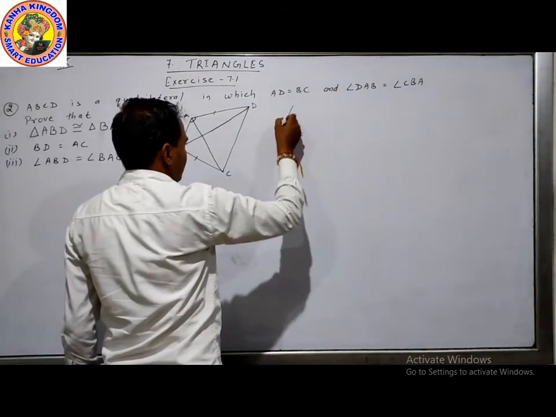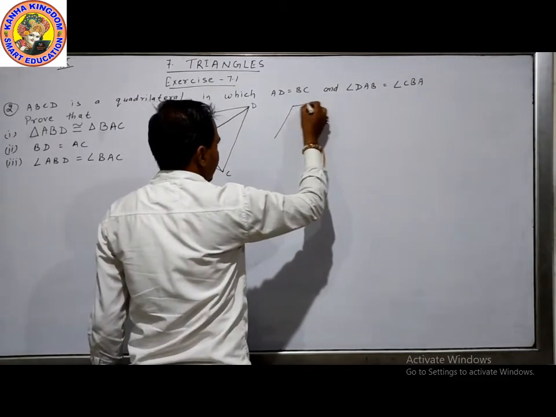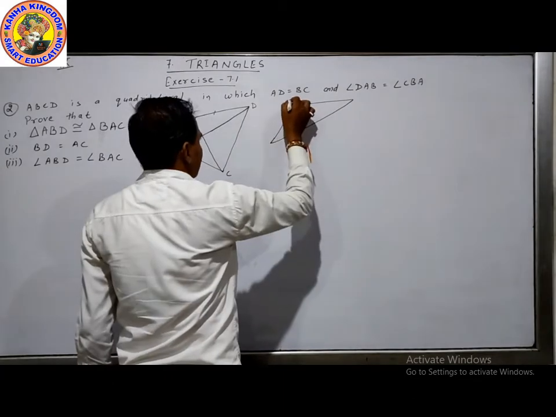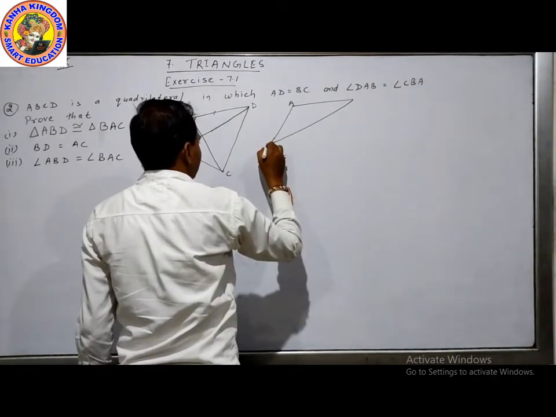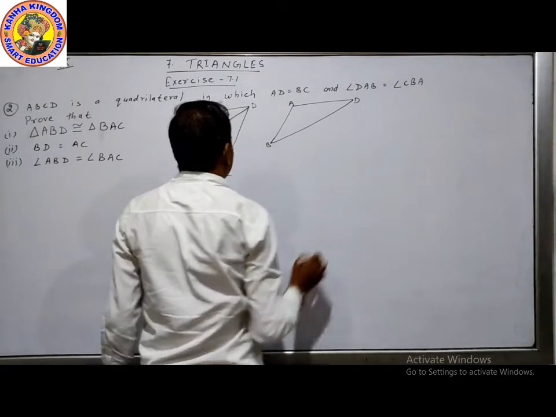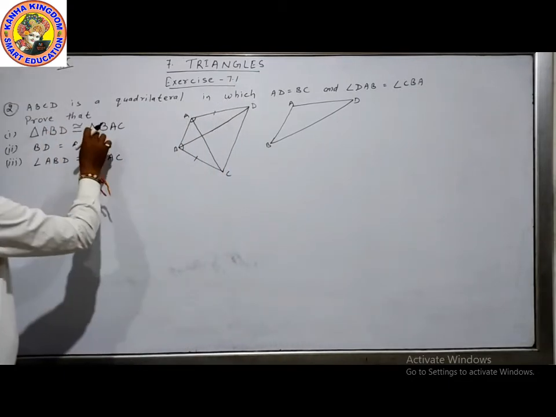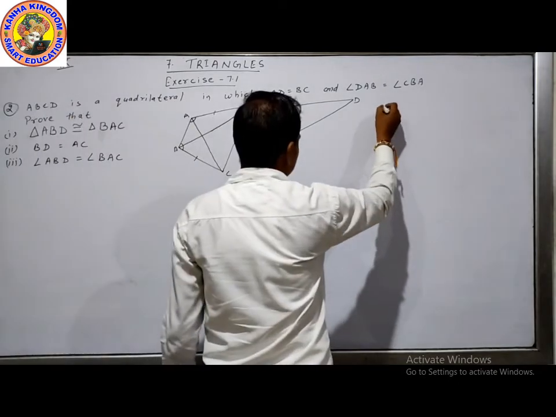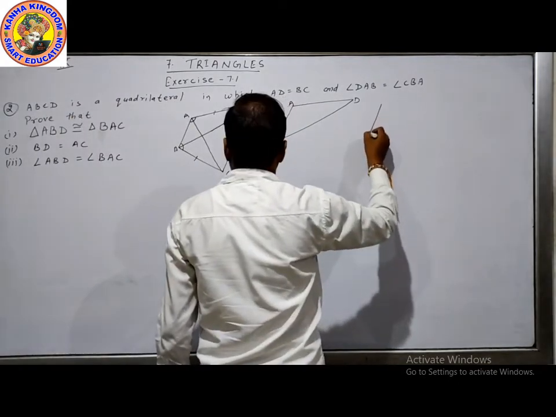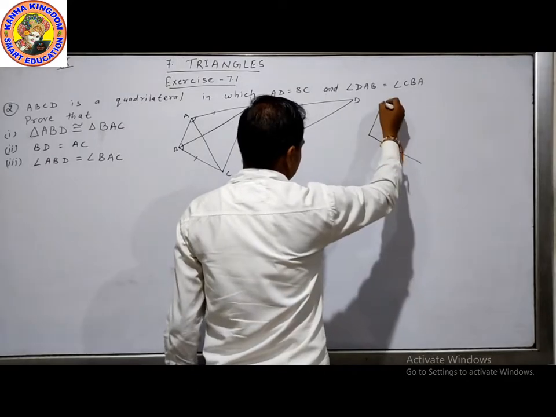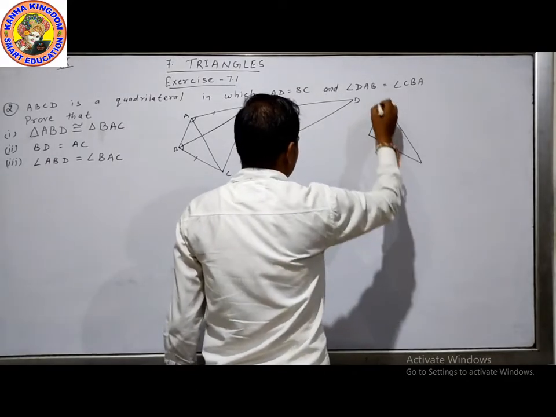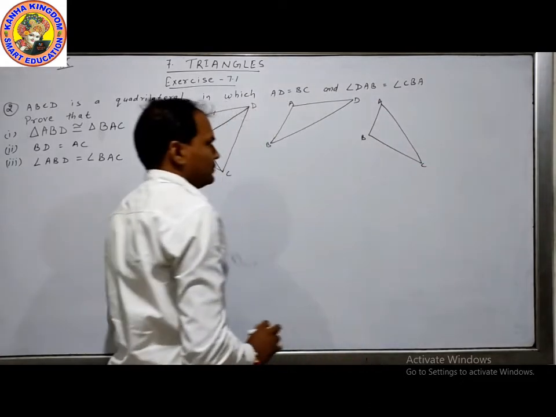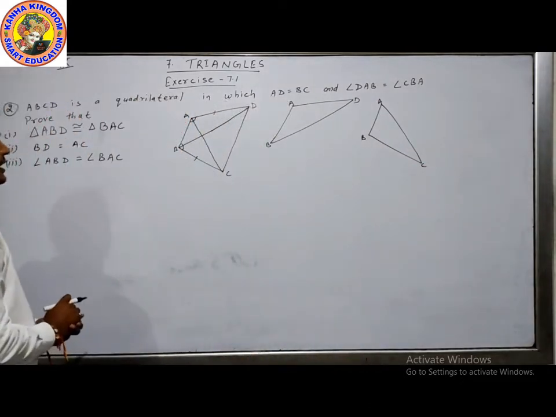Now we separate these triangles. One is A, B and D. The other is BAC, B, A and C. There are 2 triangles.